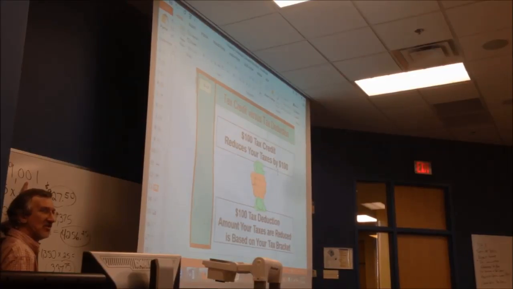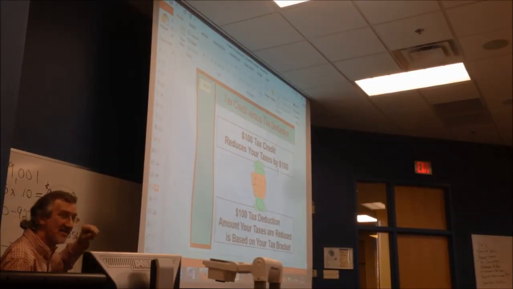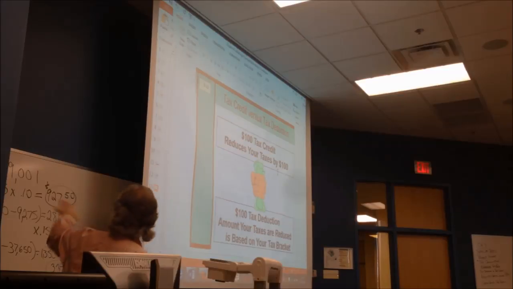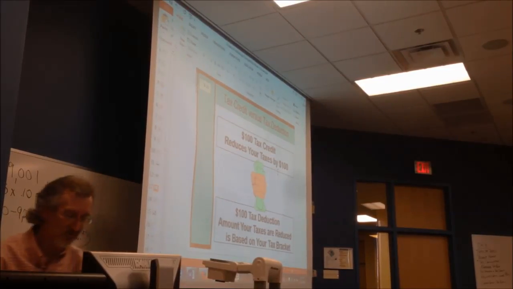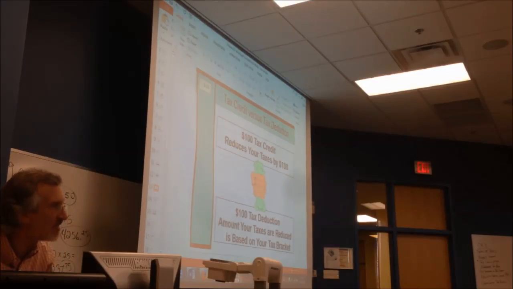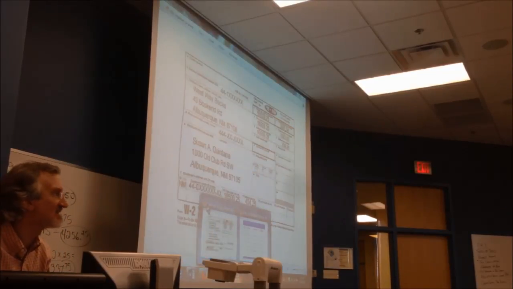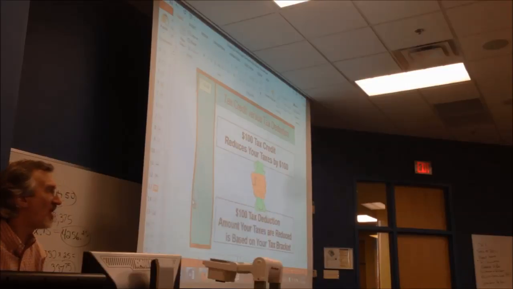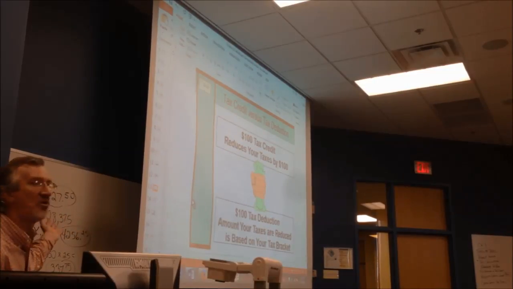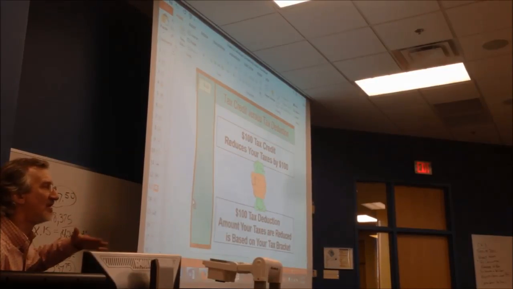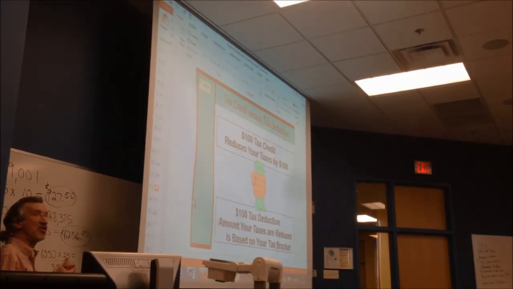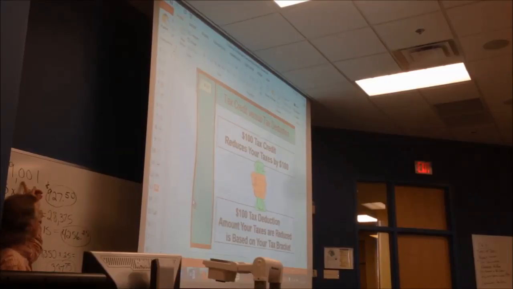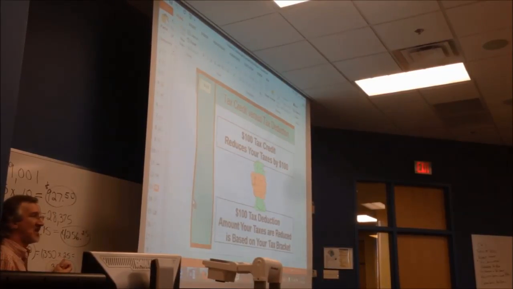That's a tax deduction. A tax credit is after taxable income, after tax is calculated. And it gets subtracted not from your income, but from your taxes. And so a tax credit lowers your taxes dollar for dollar. So if you're in the 25% tax bracket marginal rate, and you subtract $100 from this taxable income, you're going to save 25% in taxes.